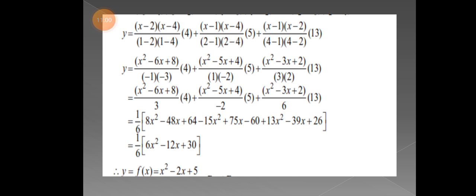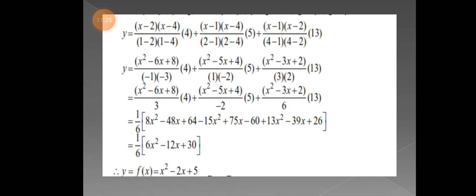These values are given here. Then first you have to check all the denominator values whether they are the same or not. No, the denominators are not the same. And next you have to multiply the y naught, y1 and y2 values with their corresponding polynomials.